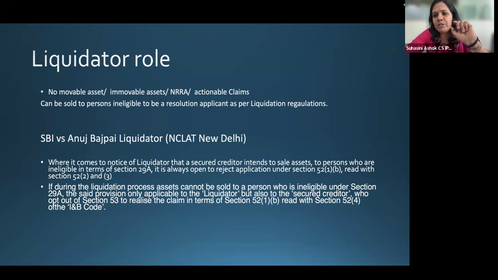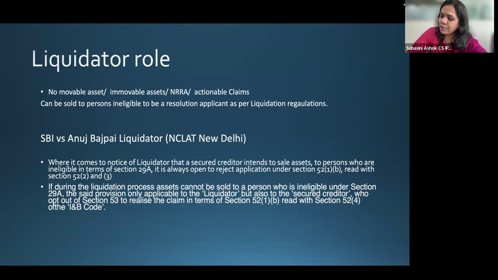Usually in liquidation, when the secured creditors submit their claim, there is a column in the claims form. One is, as per the section, either they can relinquish their security to the liquidation estate, so whatever assets the secured creditor has charged will come to the liquidation estate. Or otherwise, secured creditors can keep the security with them, and they can pursue this outside liquidation. They can sell this independently.